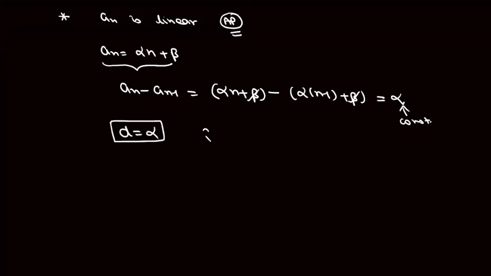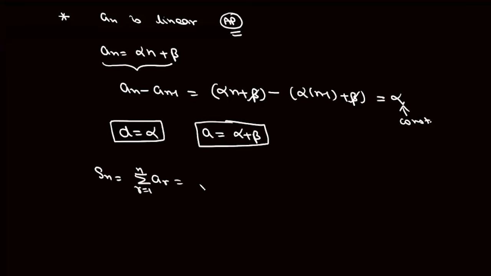And here its first term will be given by alpha plus beta. And if an is linear, then clearly Sn will be summation ar, where r varies from 1 to n. So it will be alpha summation r plus summation beta.